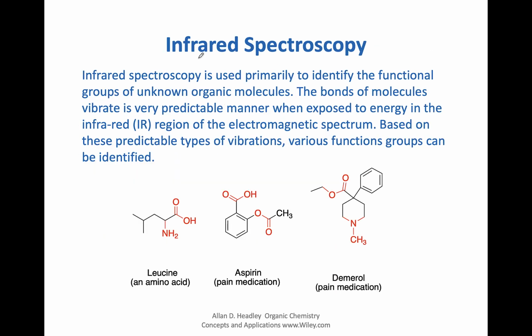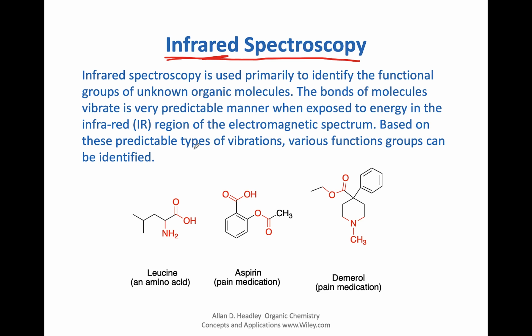Let us now turn our attention to infrared spectroscopy. This means that we'll be looking now at what happens to a molecule when it's exposed to energy in the infrared region of the electromagnetic spectrum. What happens here is that there is a predictable interaction.